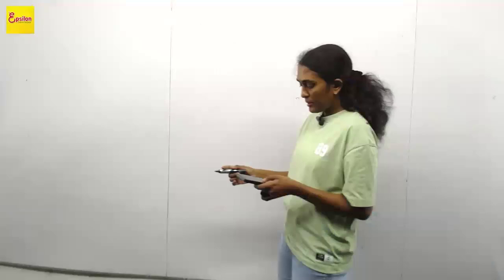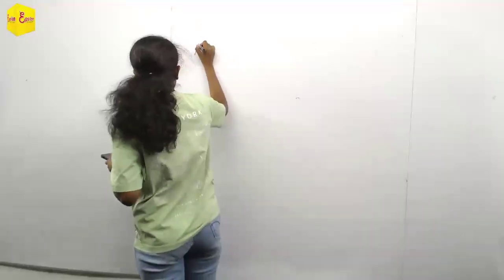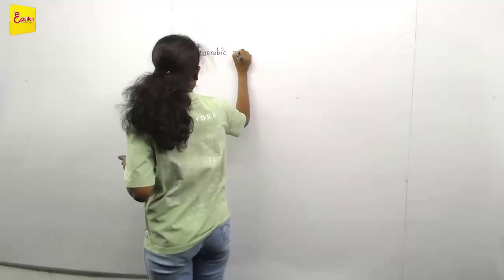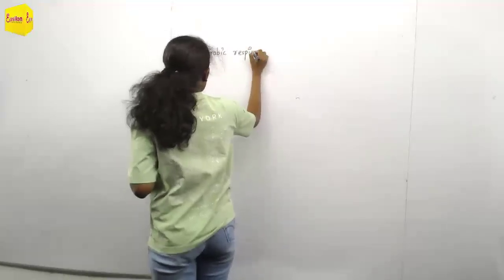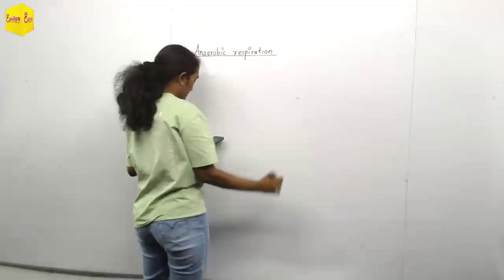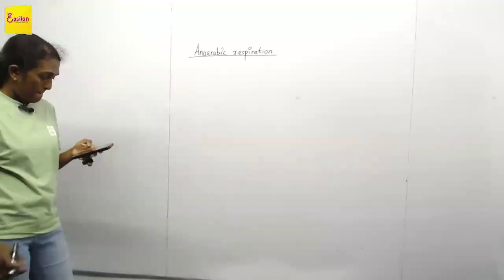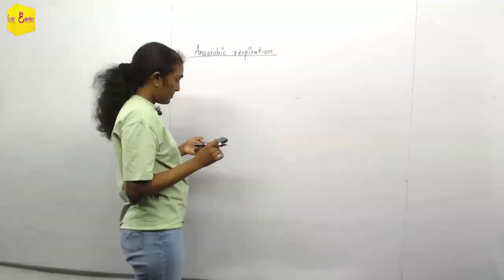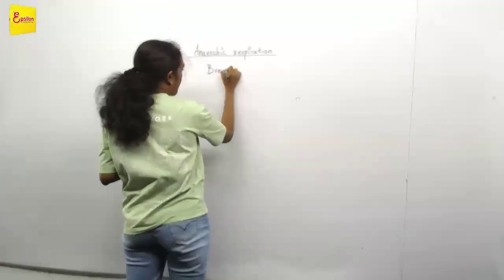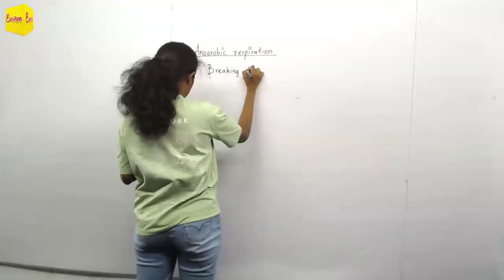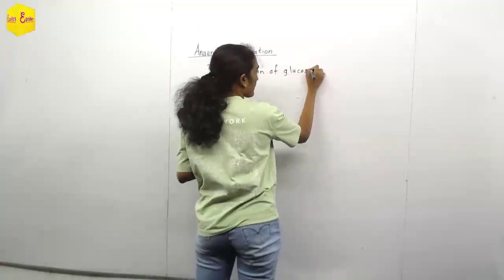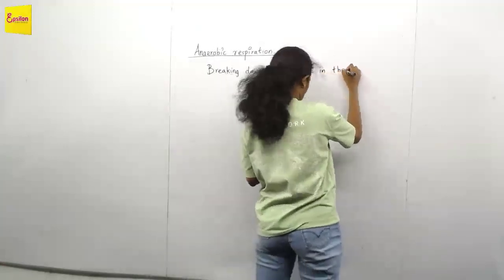For the next unit 3, anaerobic respiration. Try the definition there: breaking down of glucose in the absence of oxygen.